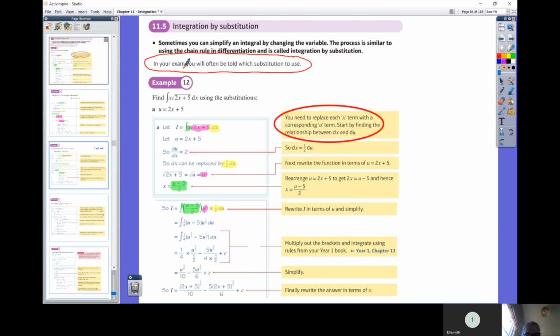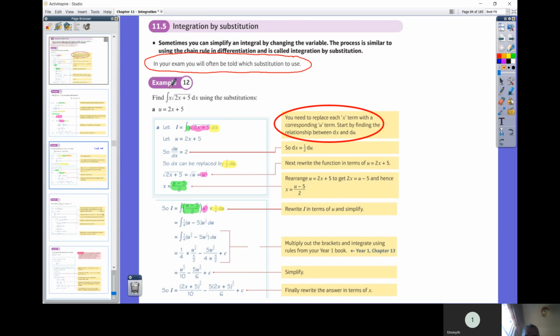Otherwise, it's a bit unfair, because you might guess the appropriate substitution and it works first time, or you might only get it the second or third time round, which uses up a lot of time. So it's worth assuming they would give you the substitution to use.